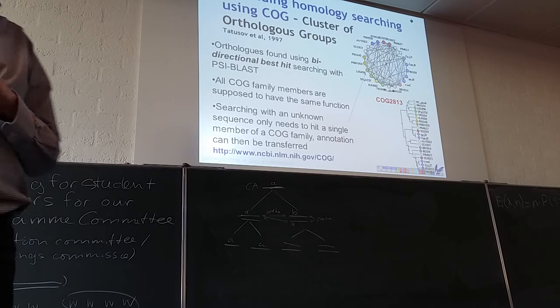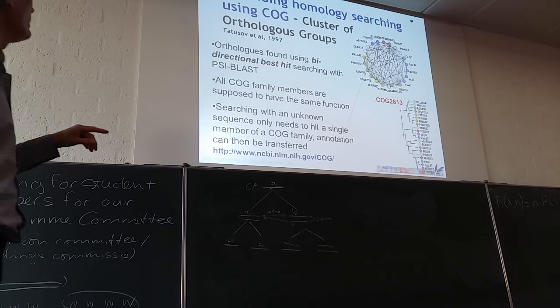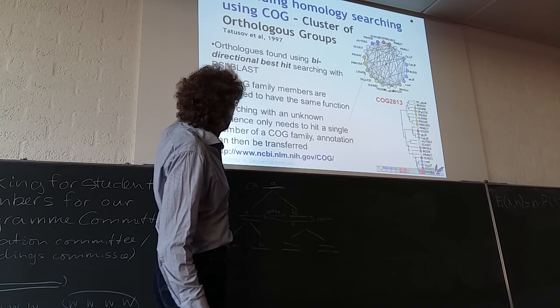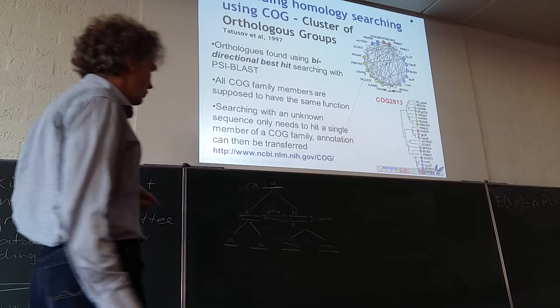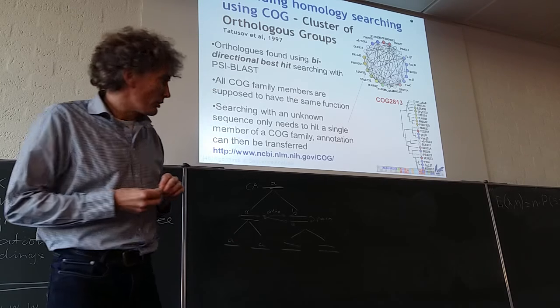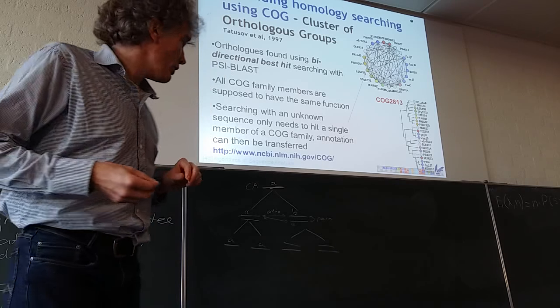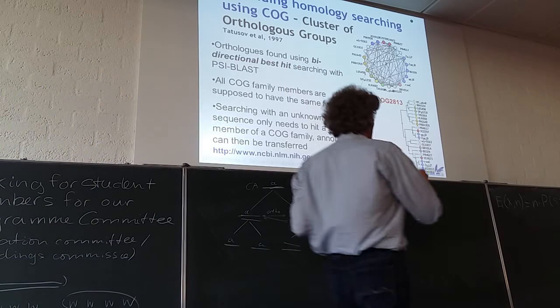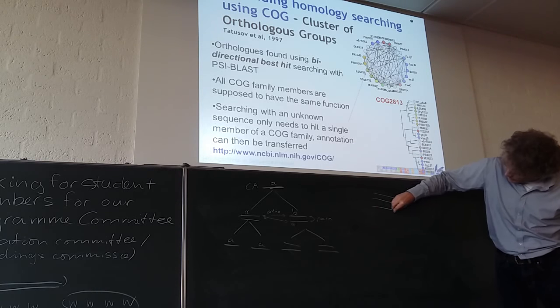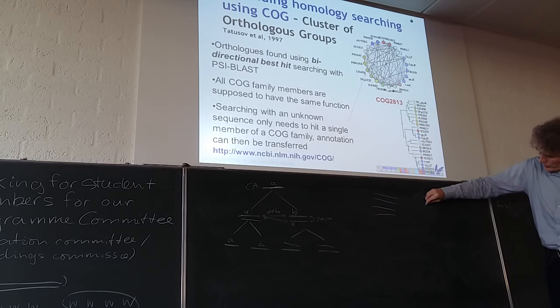So what you do in practice is called the bidirectional best hit. So you call two proteins a paralog, or an ortholog. I always mix these two up. If you have a list of hits from two different species, because it's never that simple.